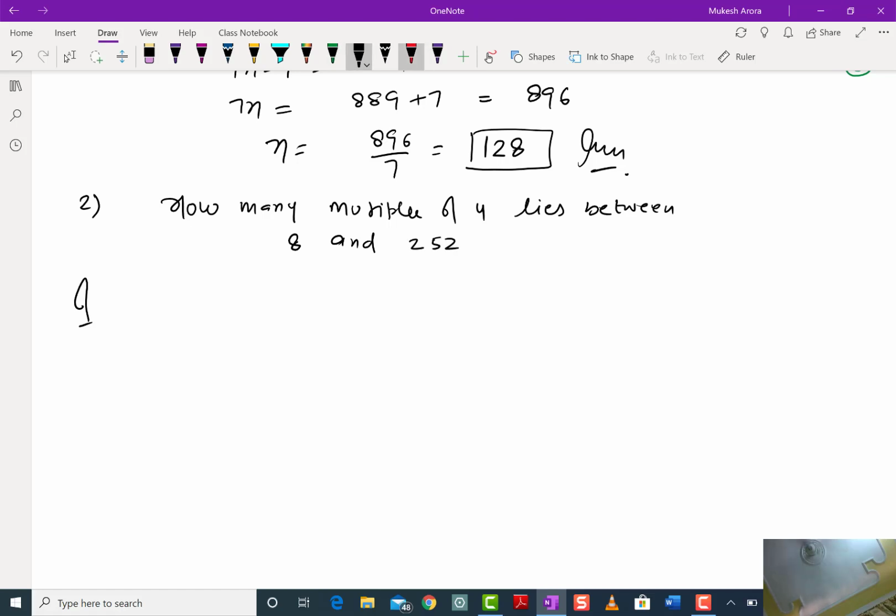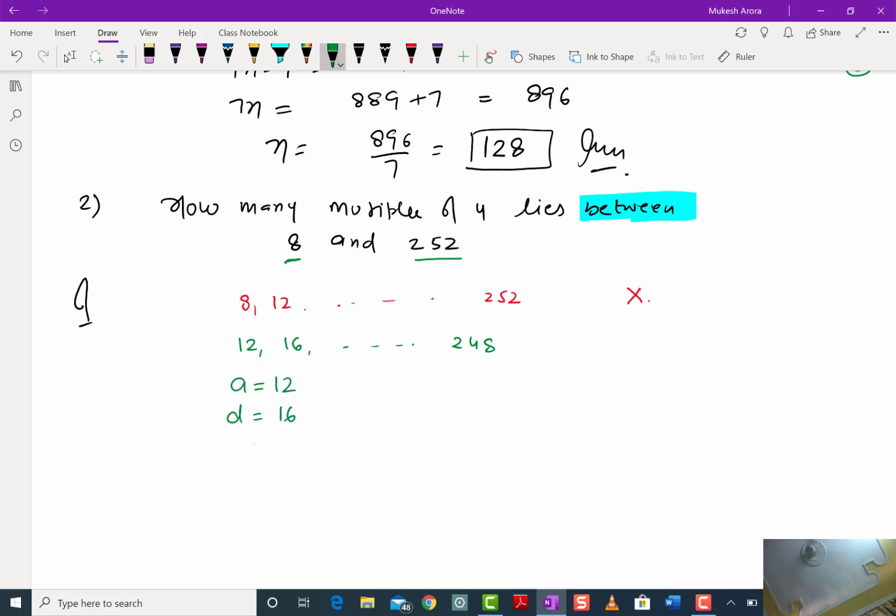The common mistake students make is they start from 8, 12 and write 252, which is wrong. I am asking between. Between means this and this will be excluded, not included. So it will start from 12, 16 and the last number will be 248. So A is 12, D is 4 and Tn is 248.